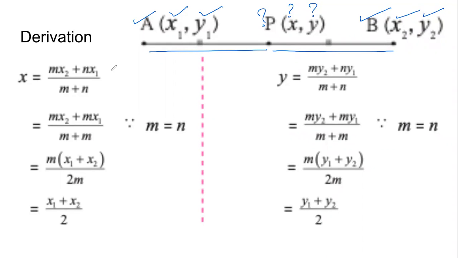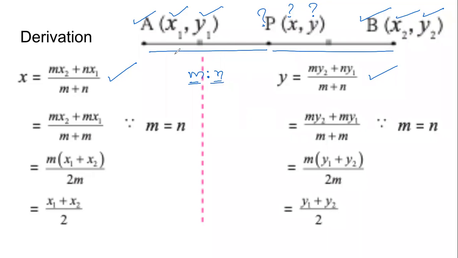We know from the section formula that if there is a point P with coordinates x and y that divides the line segment joining x1, y1 and x2, y2 in the ratio m is to n, then x can be found by this formula and y by the formula on the right hand side. This is a case of the section formula only, but it is a special case. The special case is here m equals n.